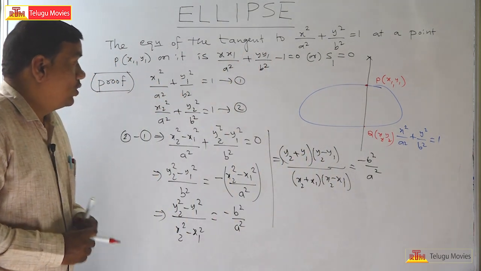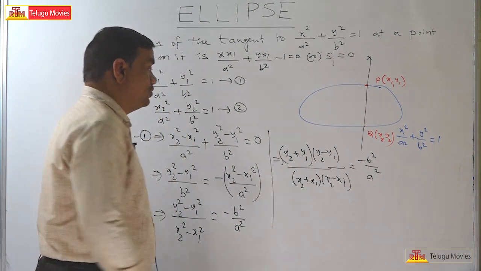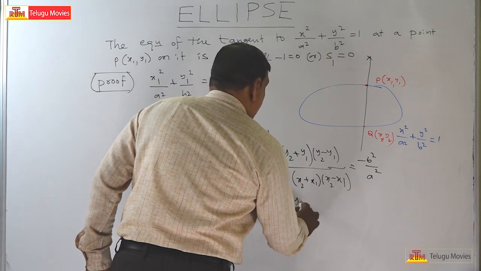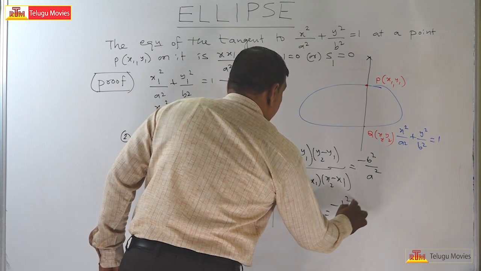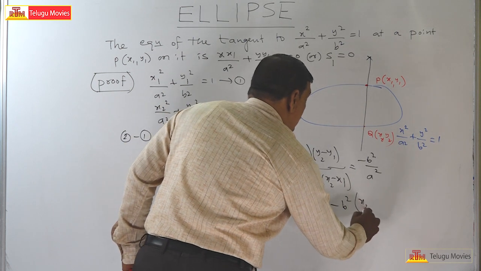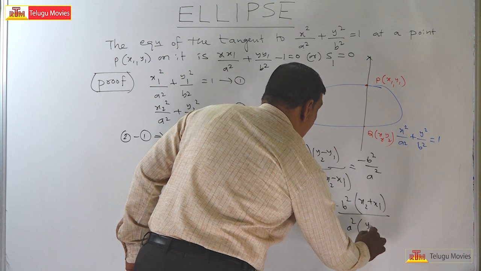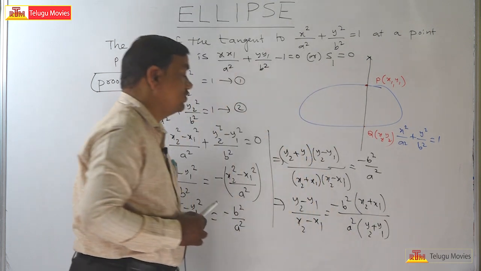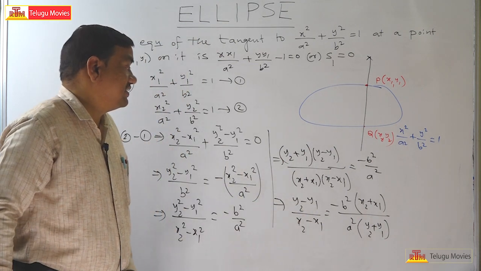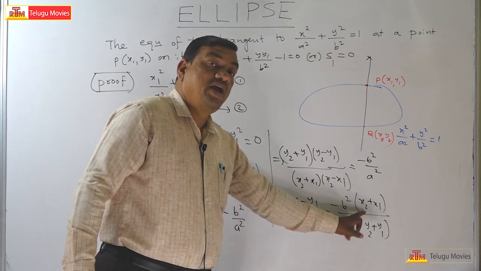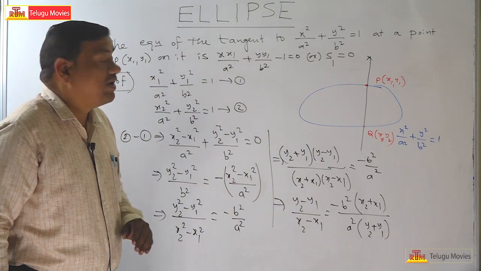Now we want y2 minus y1 by x2 minus x1. So this implies y2 minus y1 upon x2 minus x1 is equal to minus b square times x2 plus x1 by a square times y2 plus y1.